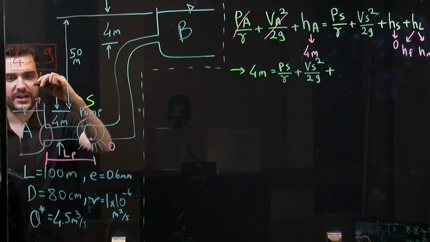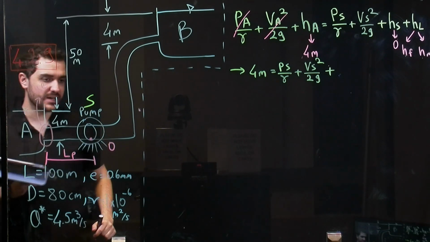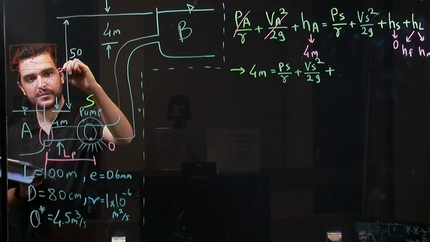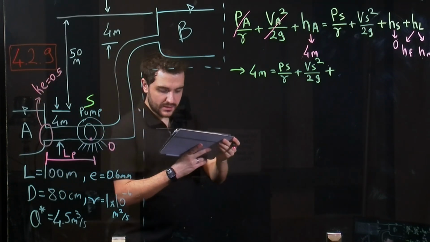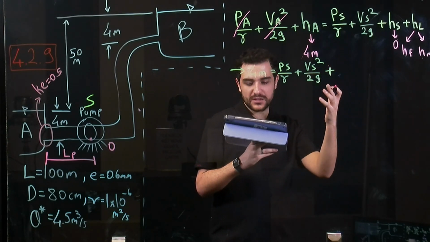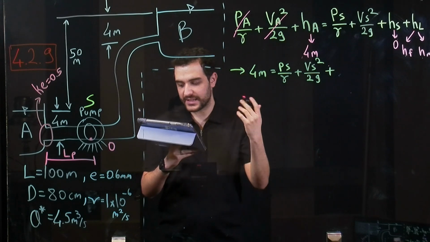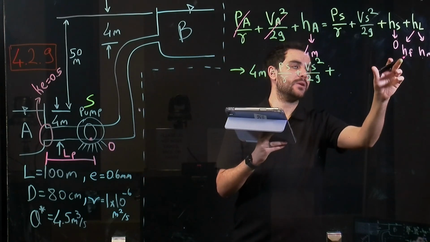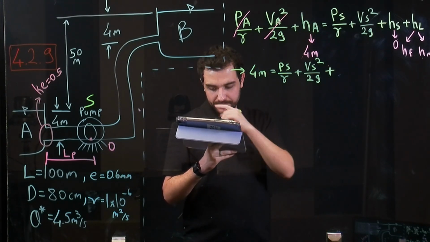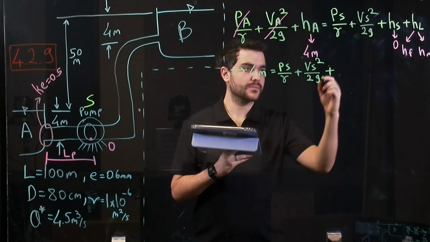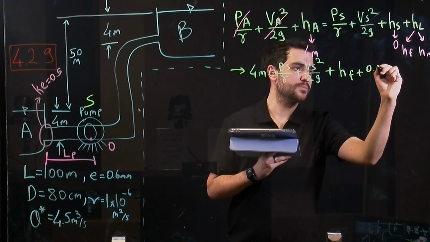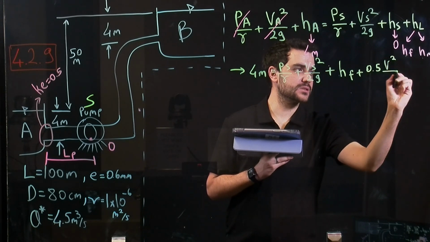So we are going to use KE at this point, and it is 0.5. And also we will have a frictional loss, but before that I want to write entire head loss term, which is HF plus 0.5 V square over 2G.